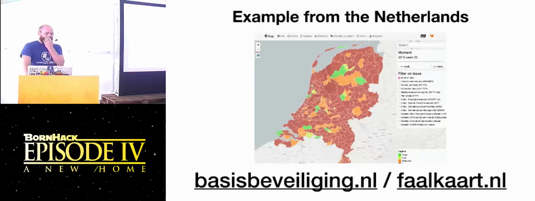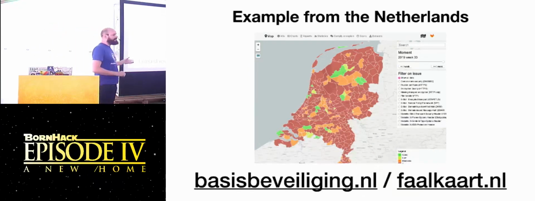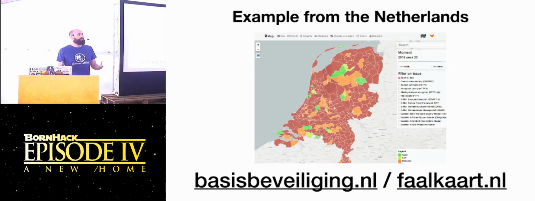I will start with an example from the Netherlands. We have installed Web Security Map software in the Netherlands, and we called it basisbeveiliging.nl, which is basicsecurity.nl. And the other domain was Faalkaart. It's fail map, or map of failure of the government, which was awesome in branding and getting attention.